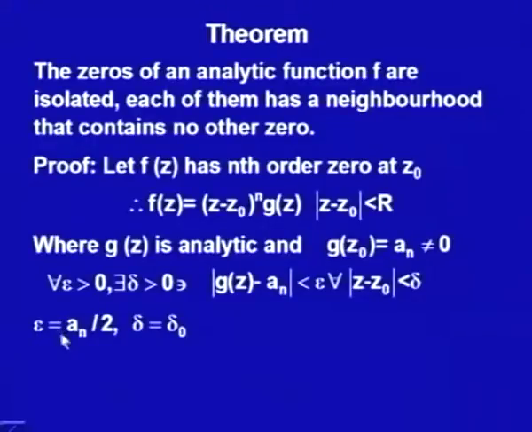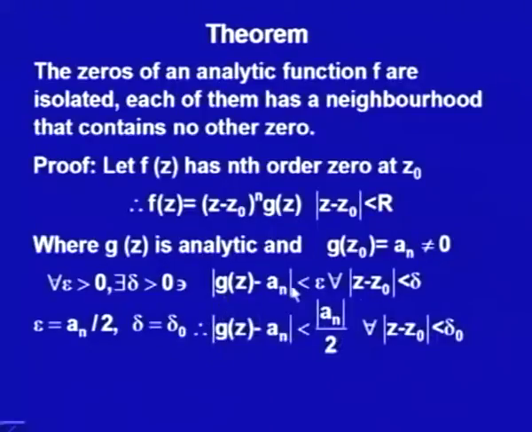Here I am taking the precaution that aₙ is positive, let us say aₙ is positive. If this is happening, then we say from here that |g(z) − aₙ| is less than |aₙ|/2 for all |z − z₀| less than δ₀, because corresponding to this epsilon the delta is this δ₀.